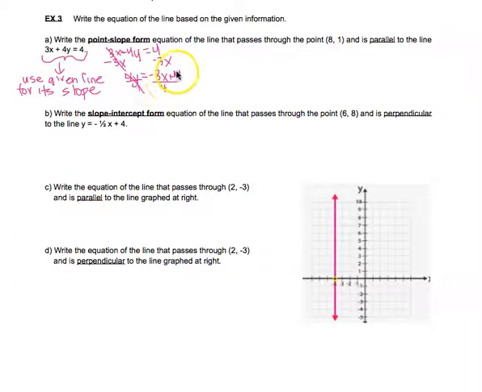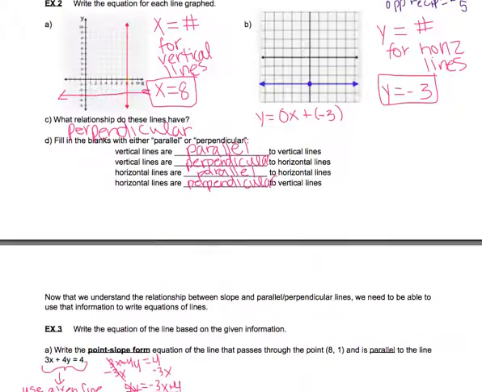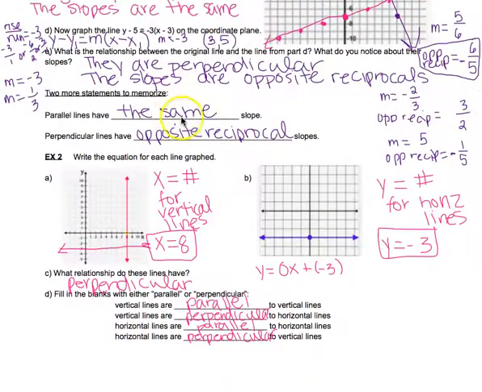We don't care about simplifying the rest. All we care about is the number in front of the x. So the slope of my given line is -3/4. So I use this to determine, okay, my line is parallel to this line. And I know from this statement that I'm supposed to have memorized that parallel lines have the same slope.